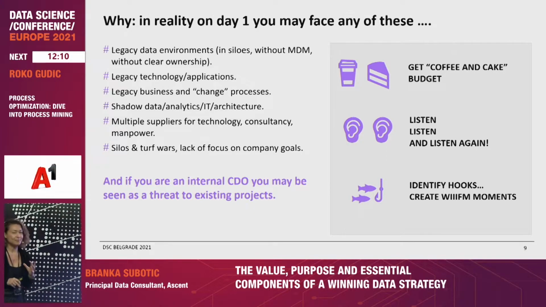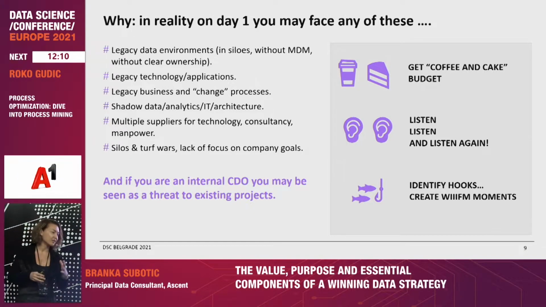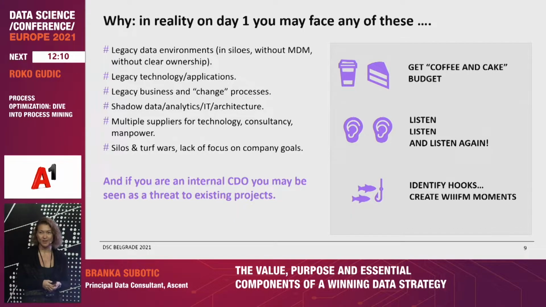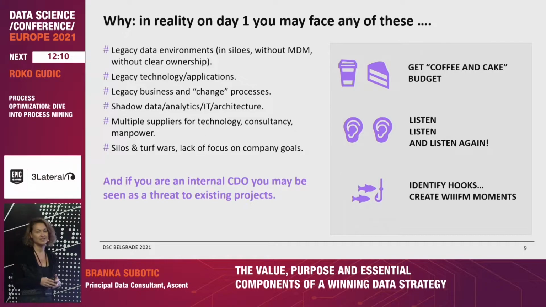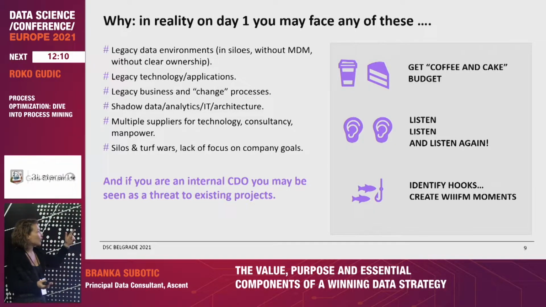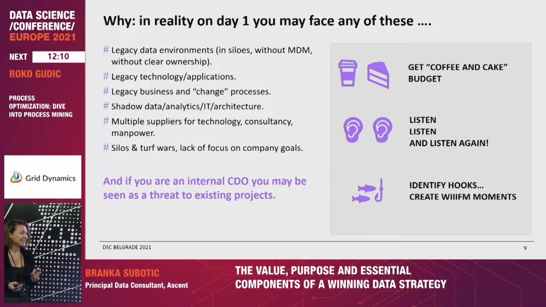I always say the most important thing for a CDO or head of data transformation is the coffee and cake budget. Okay? Because you need to spend a lot of time talking to your peers and understanding what it is that they want to achieve. And then you need to start thinking how you can help them. So listening is a key skill in this, and it shouldn't be underestimated.